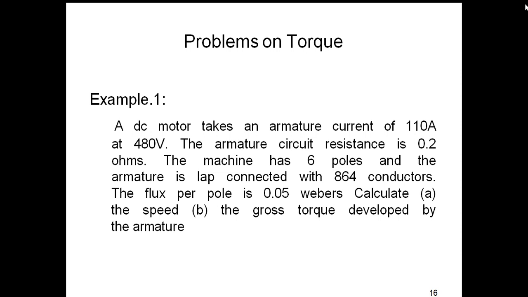First of all, we have to study the problem thoroughly, and we have to know what is the given data and what we have to find. Here the given data is armature current is 110 amps and the number of poles is 6, and since this is a lap wound DC motor, the number of parallel paths will be equal to number of poles.